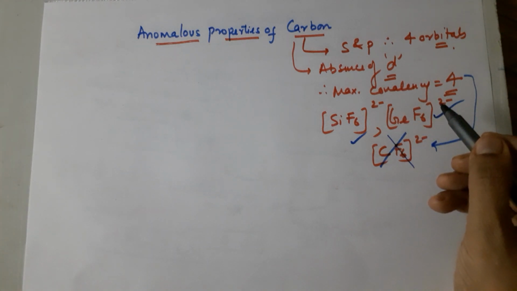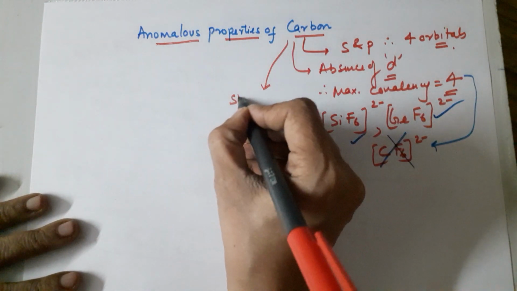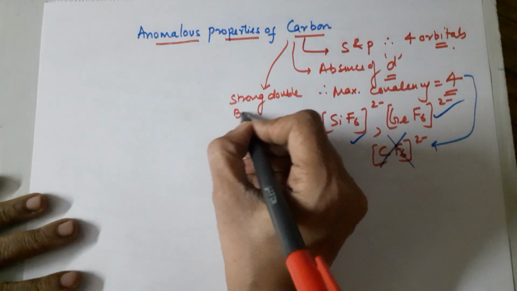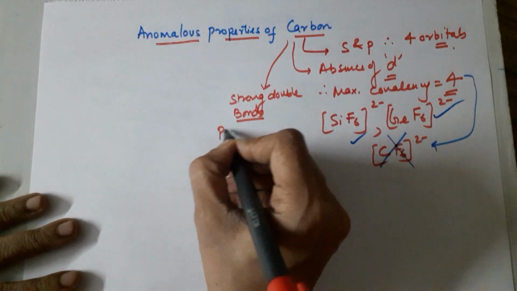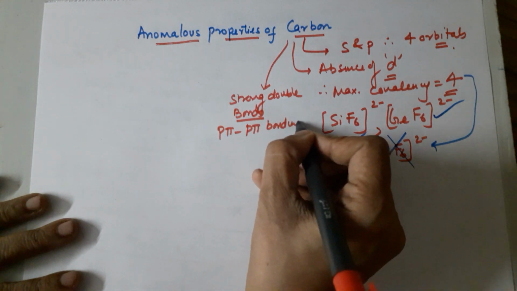Is that fine? Moving on to the next. Carbon also has the property of strong double bonds. Now, why is that? We also call it p-pi bonding shown by carbon.